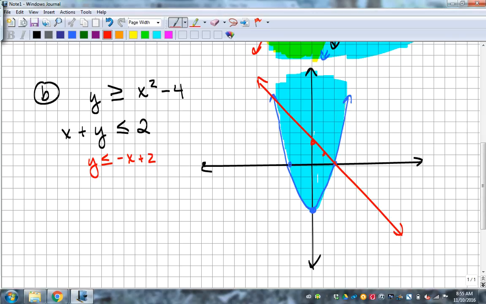And less than or equal to, so 0 less than 2. Yes, so I'm going to shade below that line. So towards 0, 0. So the solution area is all of these ordered pairs in this green area.